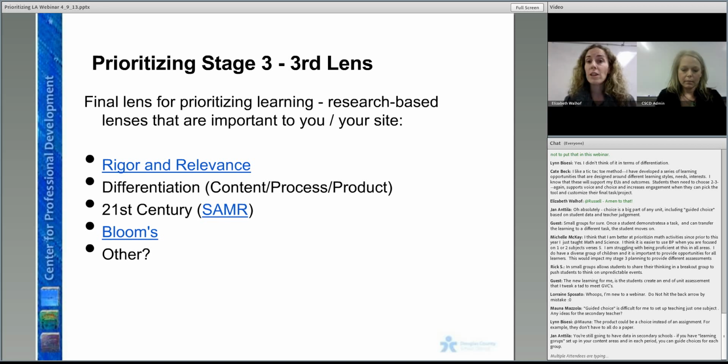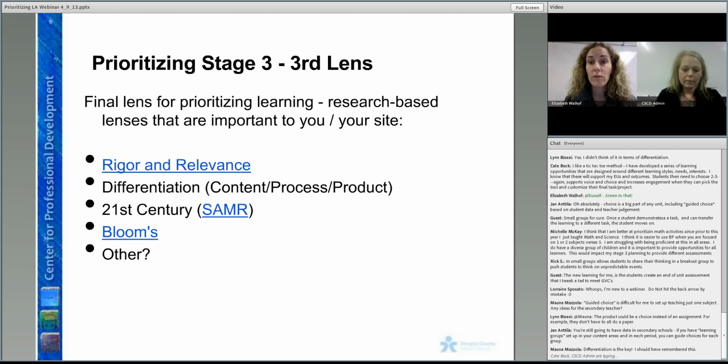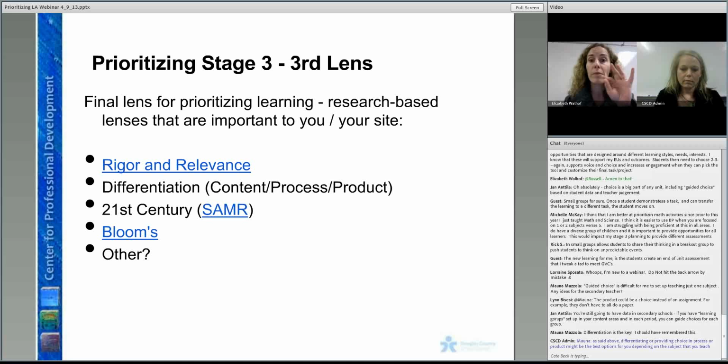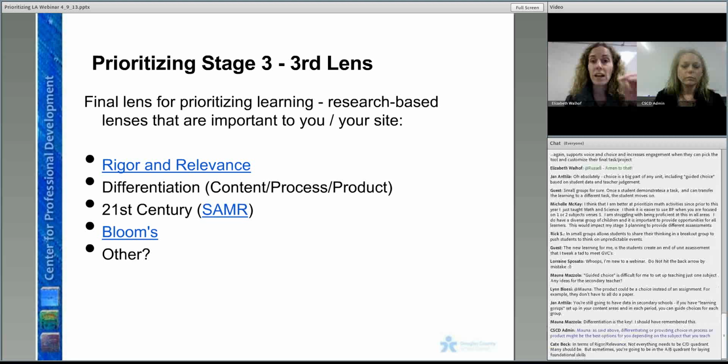You might be looking through the lenses of Bloom's. That's very common in our district right now to talk about, well, are we asking students to create or innovate, build something that's actually new? Are we asking them to analyze? Are we asking them to evaluate in those orders?